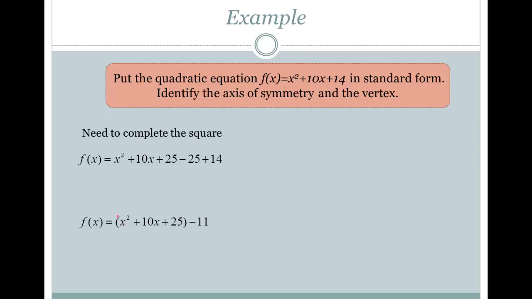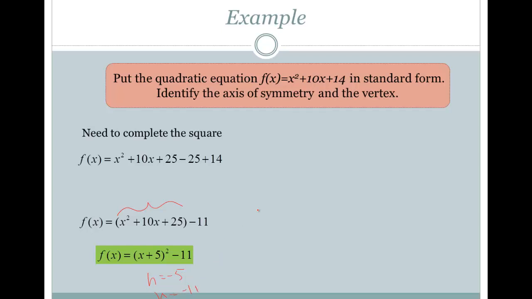Now this part right here, I can factor. It's a perfect square. That's what completing the square does. This is going to be (x + 5)². Okay. And what does this tell me? Well, this tells me that h is negative 5 and k equals negative 11.